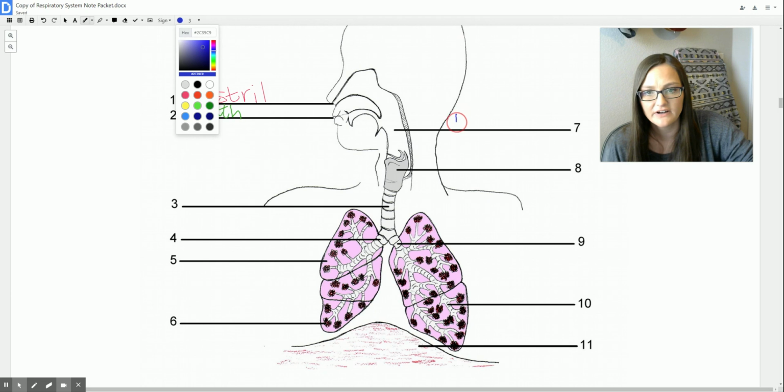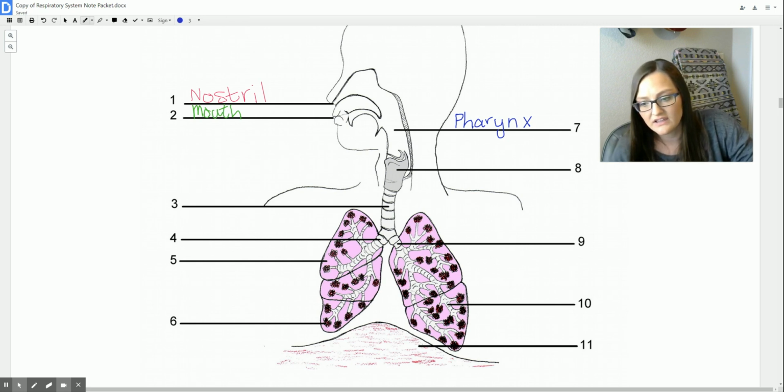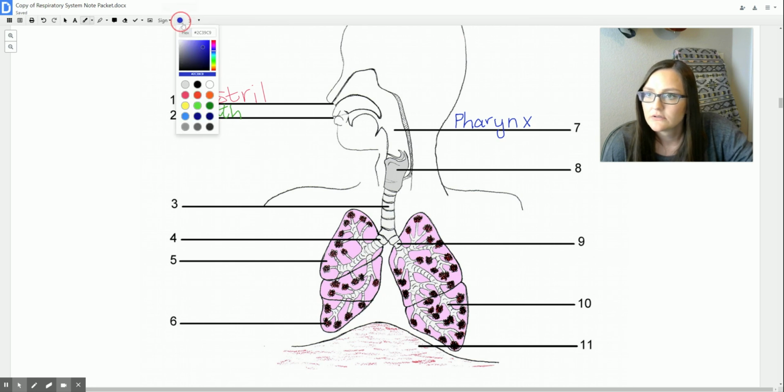And that's going to be your pharynx. All right, so remember that's that tube that has the effect of the epiglottis. Epiglottis.